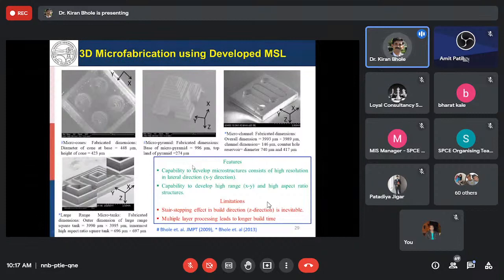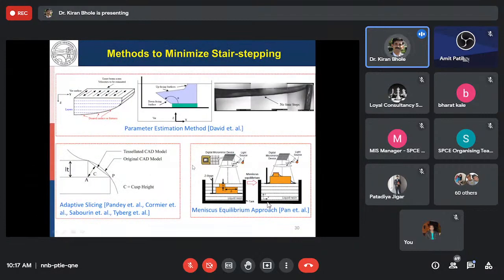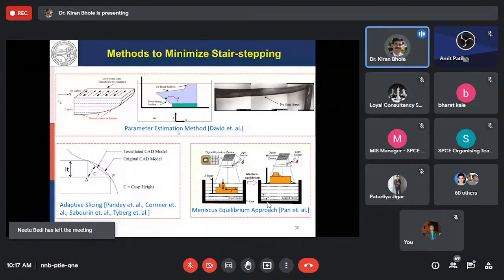With this limitation, this leads to new approaches to the fabrication, to minimize the staircasing effect. There are various methods developed by various researchers. This one is the parameter estimation method, given by David et al.